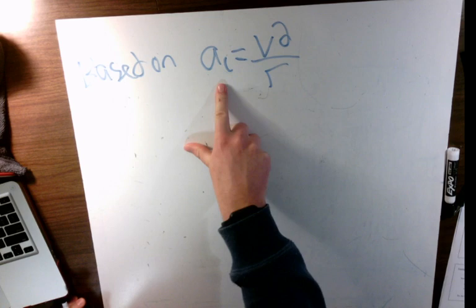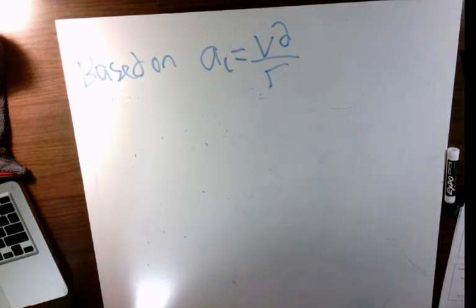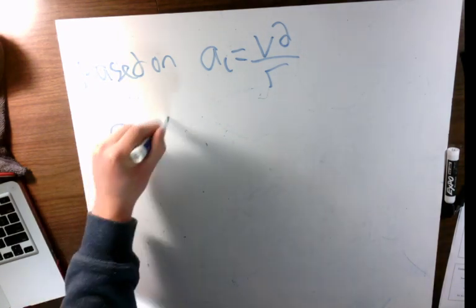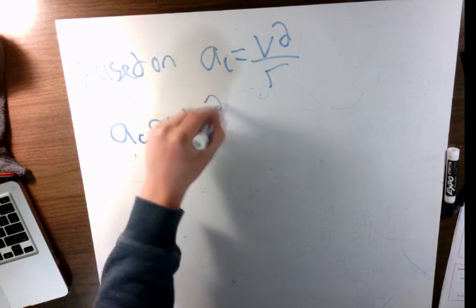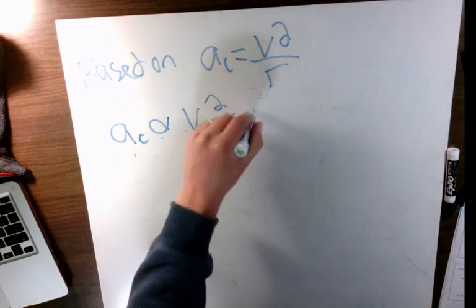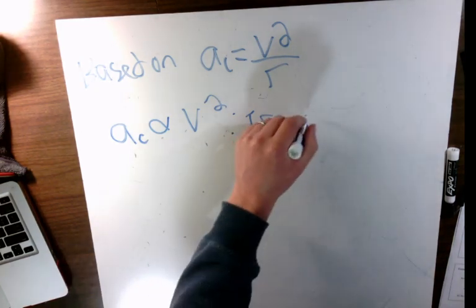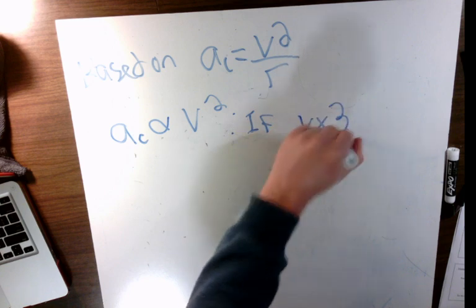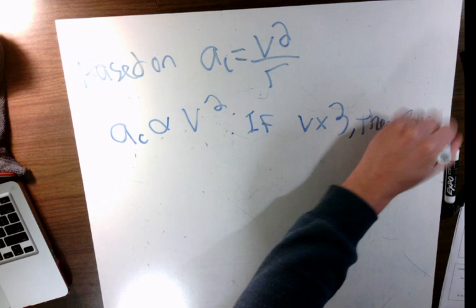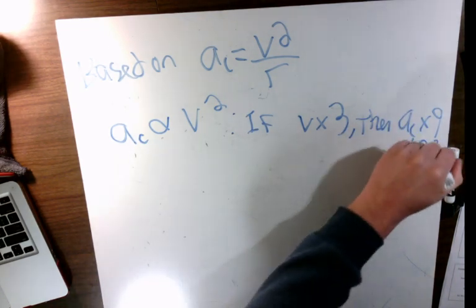So from this formula, we can see that centripetal acceleration is proportional to the speed squared, or the velocity squared. So if our speed is tripled, that means our centripetal acceleration is actually times 9, or 3 squared.